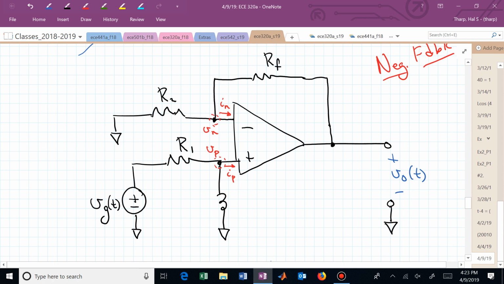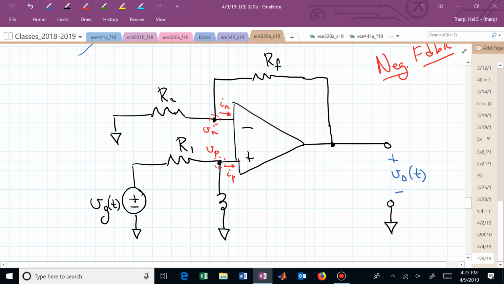Could we do our KCL or nodal analysis? What do we know? Well, we don't know what Vn is, but we can solve for it. And which way do we want? Suppose we want this current going from right to left through R sub 2. That's just V sub n over R sub 2.